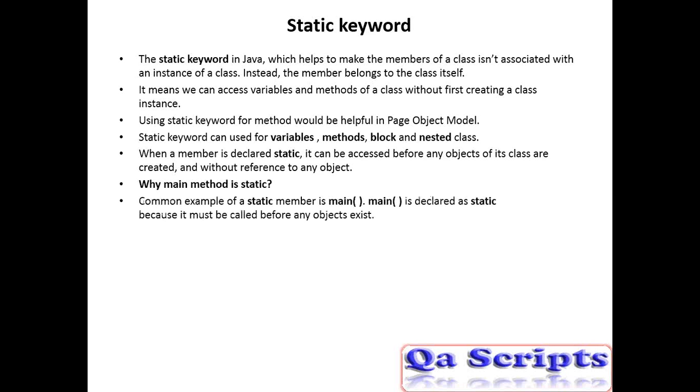If you don't have the static keyword for main, then the main method will not get executed. Before the main method, something could have executed. To avoid that, if we use static for main, this main method gets a higher priority than any other methods in that particular class, and it will get executed before any objects or methods get executed. Hence we always use static in front of main.